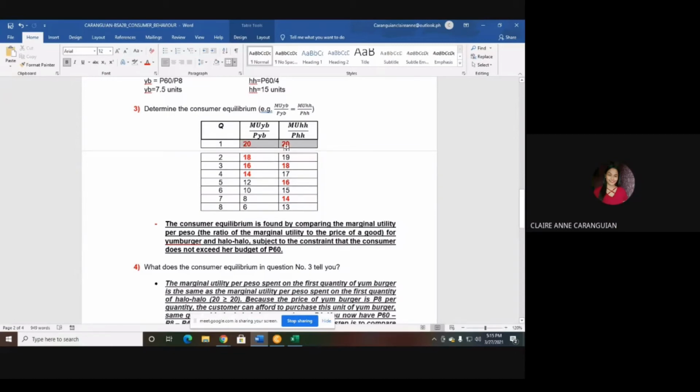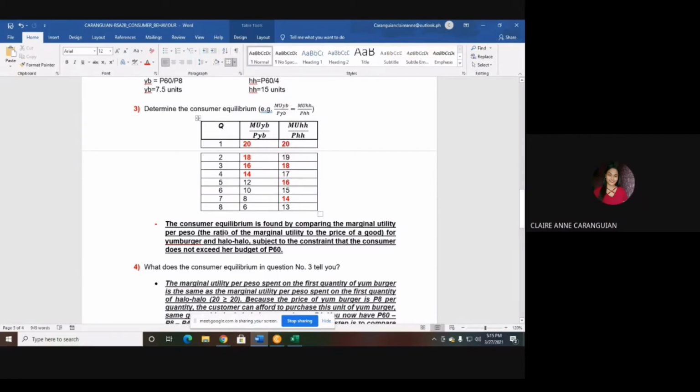Ito lang papakita na sa first quantity ng halo-halo, sa first quantity ng Yum Burger, may satisfaction siyang 20. While in the second, makakaroon lang siya ng satisfaction ng 18 or 19. Ganyan. So, yan yung highlight.